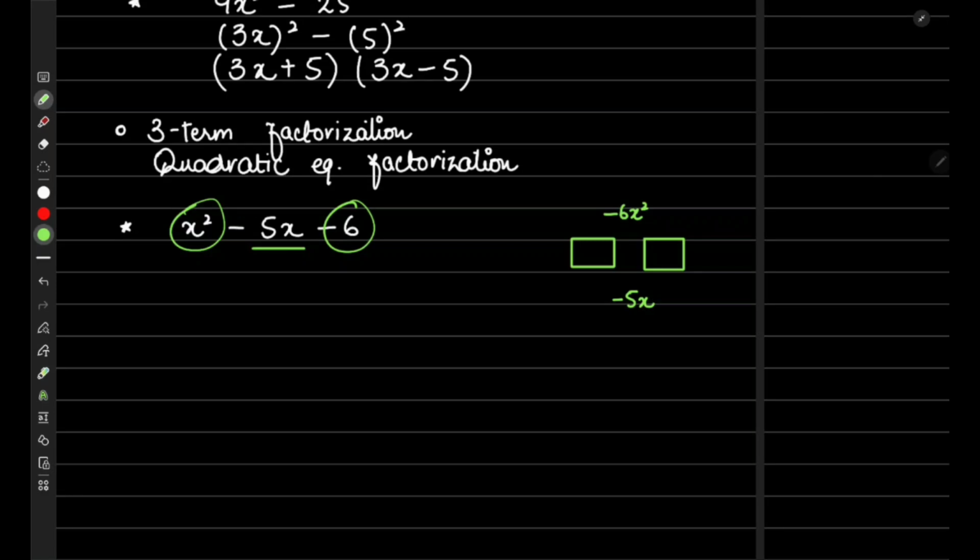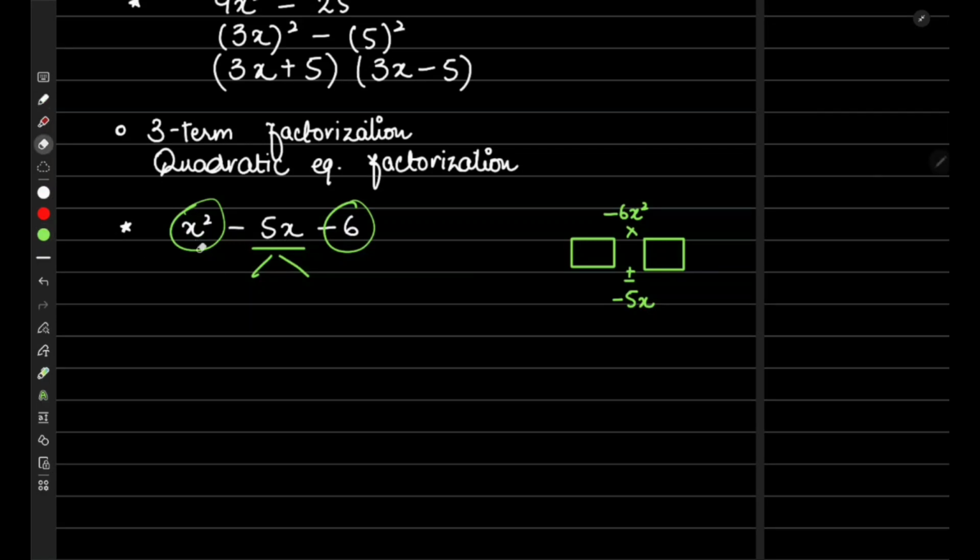We need to get two terms that when multiplied give you minus 6x square, the product of the outer two terms, and when added give you minus 5x. So this is how you decide how to split the middle term.